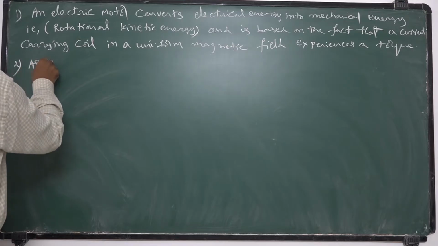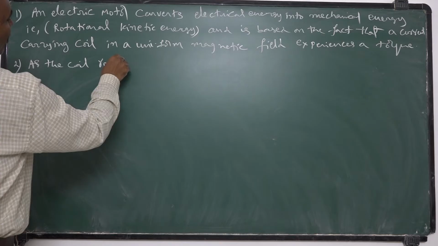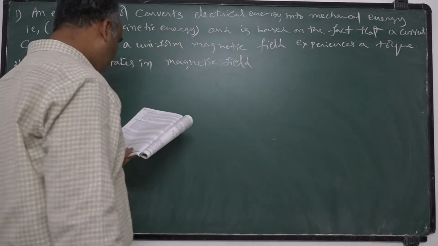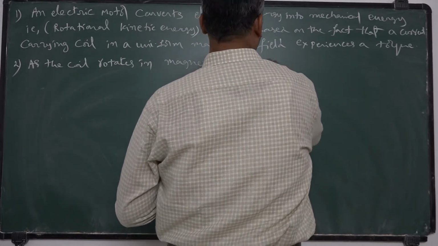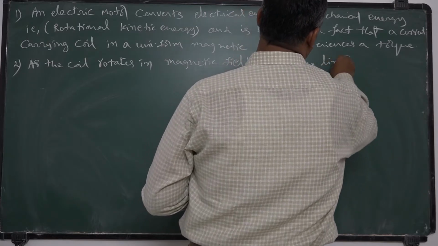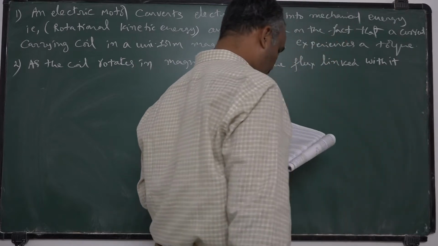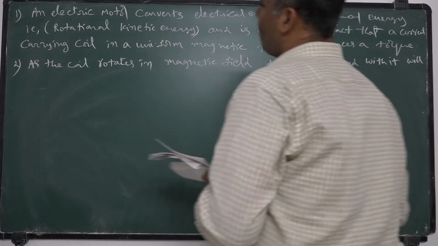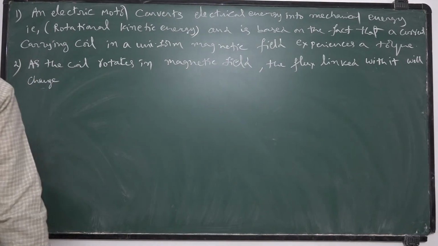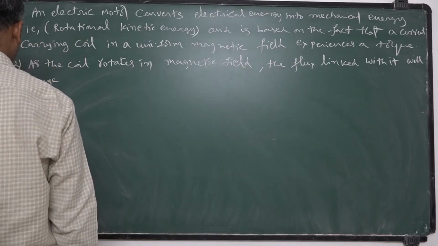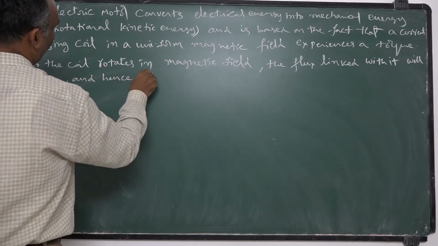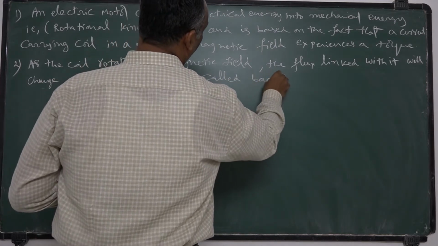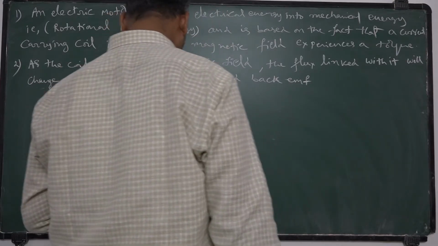As the coil rotates in a magnetic field, the flux linked with it will change, and hence an EMF called back EMF is developed in the coil.